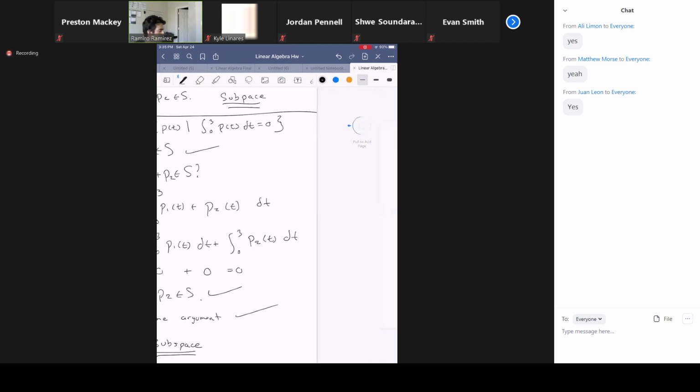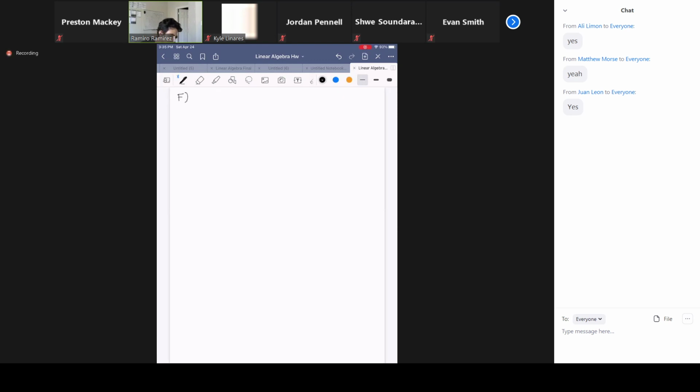Last but not least, F. Let S equal the set of all P of t such that P of 2 equals 5. So again, is this a subspace?